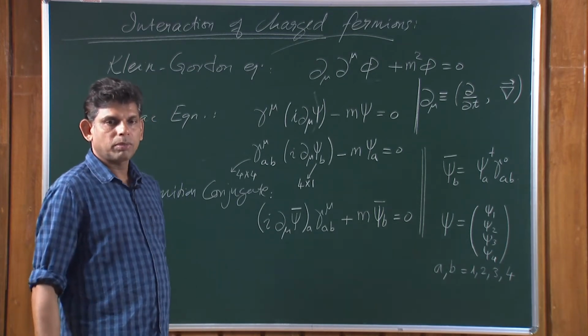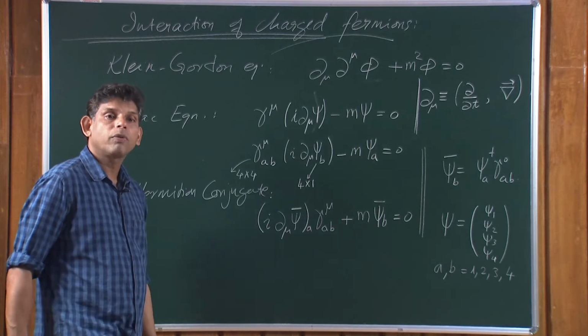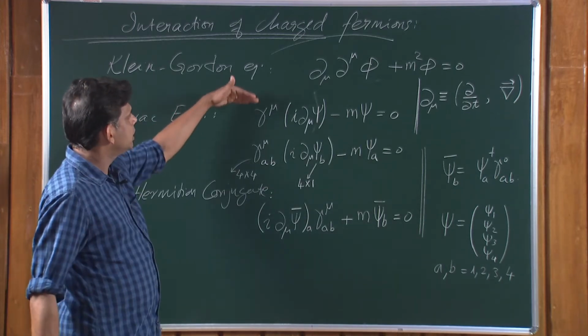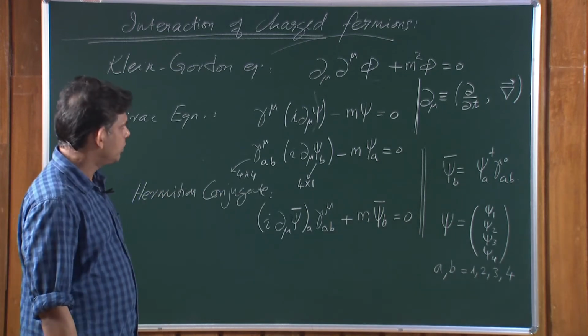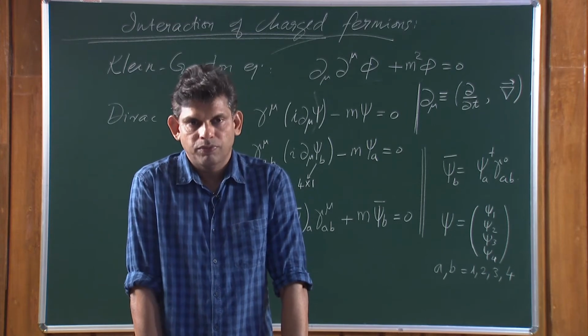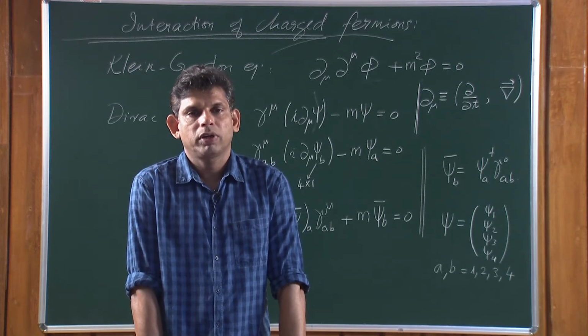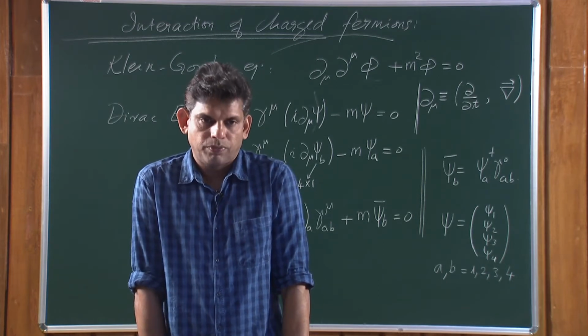So, just to give in a very short way the difference between these two, without going into any details, let me introduce another word, field. Field and wave function I will use interchangeably, somewhat loosely.